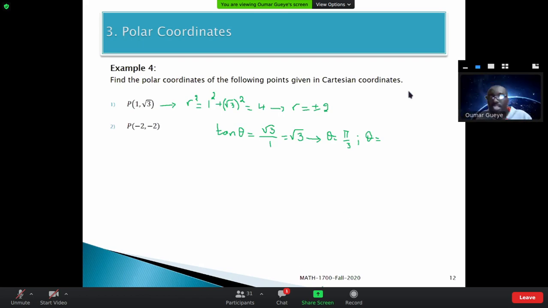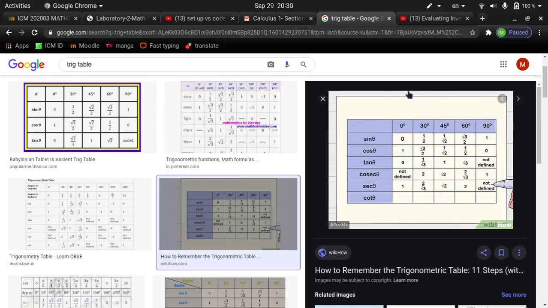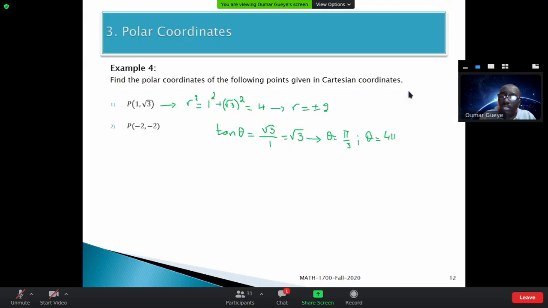Yeah, in radians, I said, it's going to be 4 pi over 3. So how to get it? You just add pi.